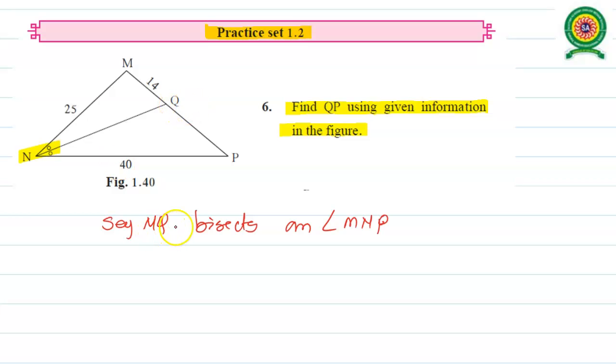So ultimately segment NQ is the bisector of angle MNP. Once it is an angle bisector, we can easily use the angle bisector property.